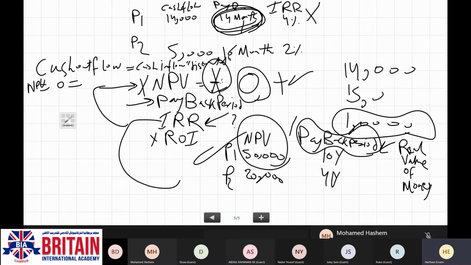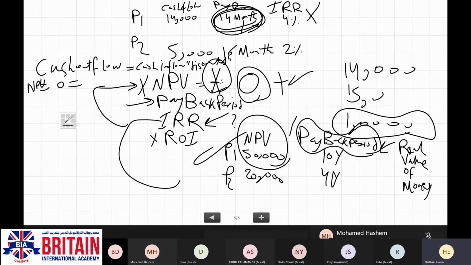So if I'm going to compare between two projects based on the payback period and the NBV, I'm going to select the project which has higher NBV, even if it has a longer payback period. If I'm going to compare between two projects based on the payback period and IRR, I'm going to select the project which has higher IRR, even if it has a longer payback period.